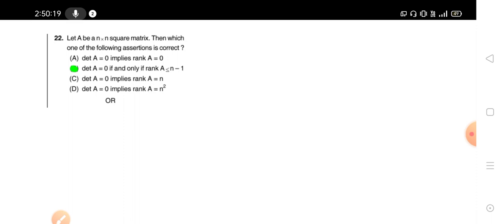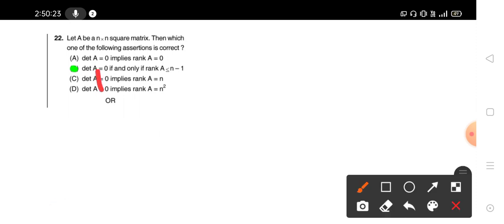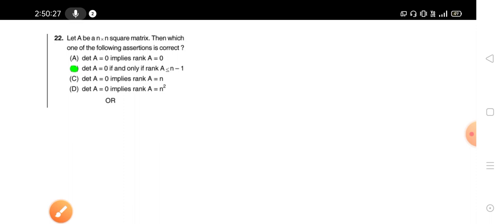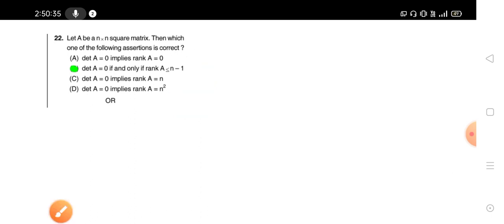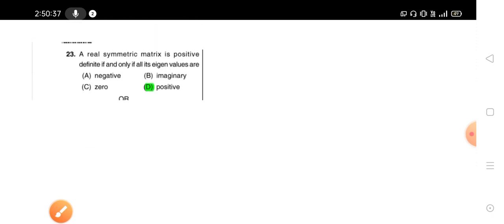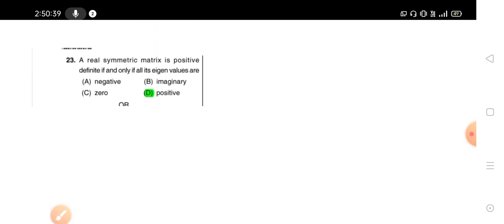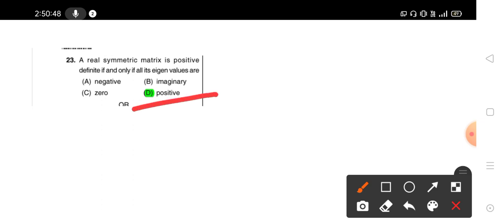This is not possible. This is possible only when determinant of A is non-zero. And determinant of A equal to 0 implies rank of A is equal to n square, this is also not possible. Option B is correct. Next question. A real symmetric matrix is positive definite if and only if all its eigenvalues are positive. This is a direct statement.